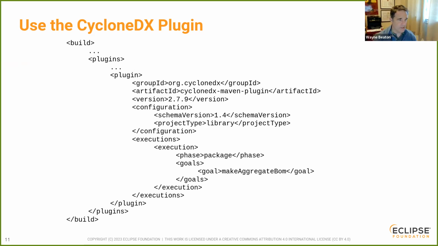So, again, this is something we would like project teams to try out on their own builds and provide us with feedback. Certainly, we're looking for what the major problems are. Francisco on our team is working with the CycloneDX folks, giving them feedback based on some of the experiences we've had with this.